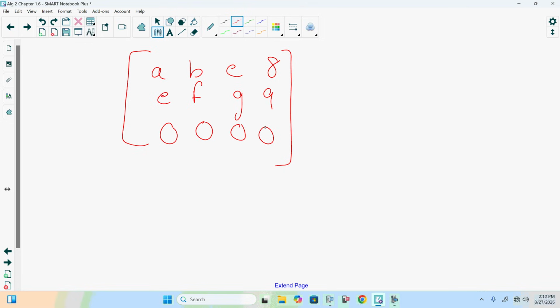Now, A, B, C, D, E, F, G. I just put those letters in so we have spot holders. But if that bottom row is all zeros, well, the first 3 zeros represent X, Y, and Z. So what that's telling us in equation form is 0 is equal to 0.